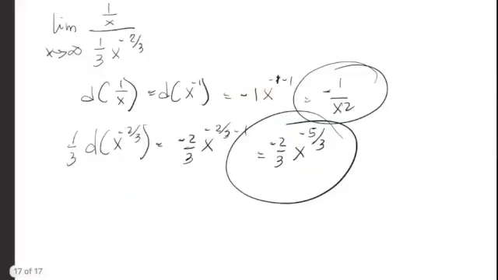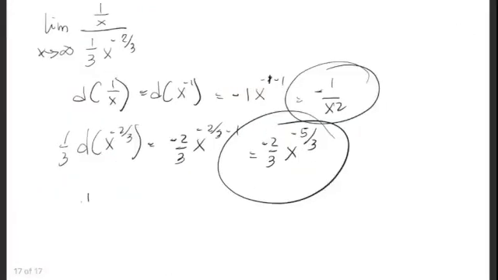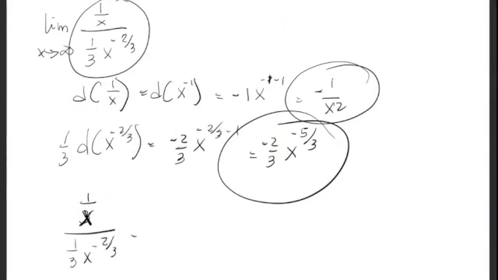How about we investigate this? This 1 over x, plus this. If you isolate that one, 1/3 x to the negative 2/3, this can also be written as the reciprocal of this. What's the reciprocal of this? The reciprocal of 1/3 is 3, and the reciprocal of x to the negative 2/3 is x to the 2/3.